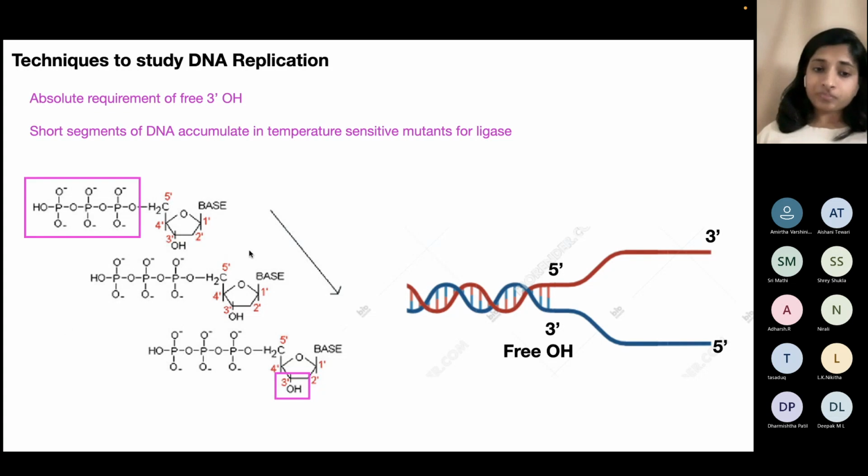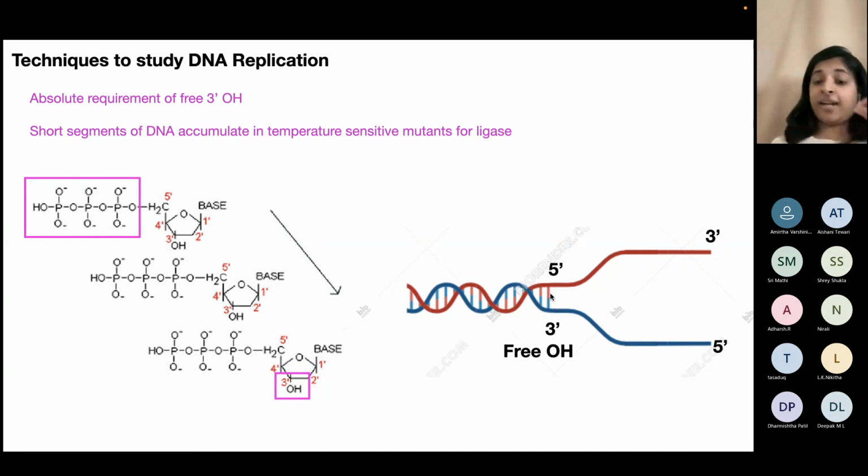Like I discussed previously, this is a chain of deoxyribonucleotides. Here we can see that at the 5' end there is a phosphate group, and at the 3' end there is an OH group. The researchers observed that the enzyme will not be able to add any bases to the 5' end. They knew by then that the strand has to be separated and used as a template for the synthesis of two daughter strands.